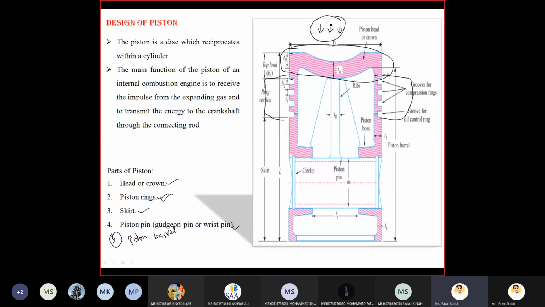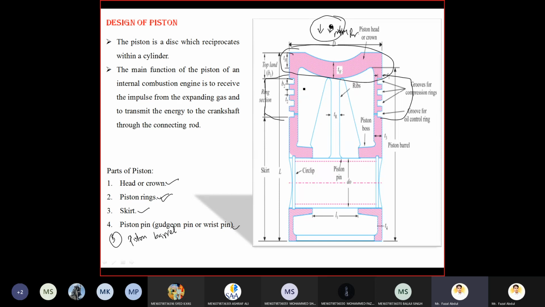In the power stroke, the gases are going to burn. Because of that, the burned gas has the maximum pressure. So there will be a chance of leakage from the gap between the cylinder and the piston. To prevent this leakage, the rings are going to help.